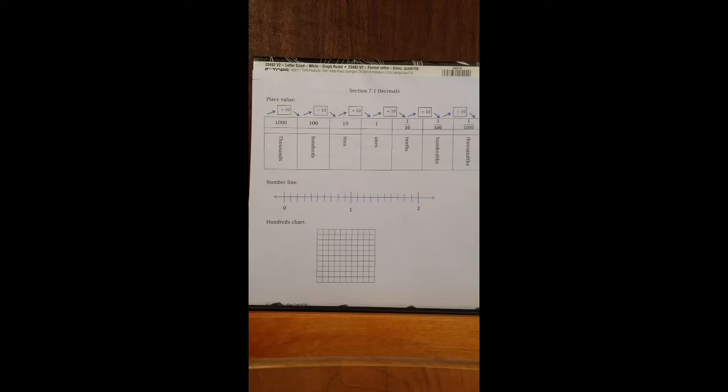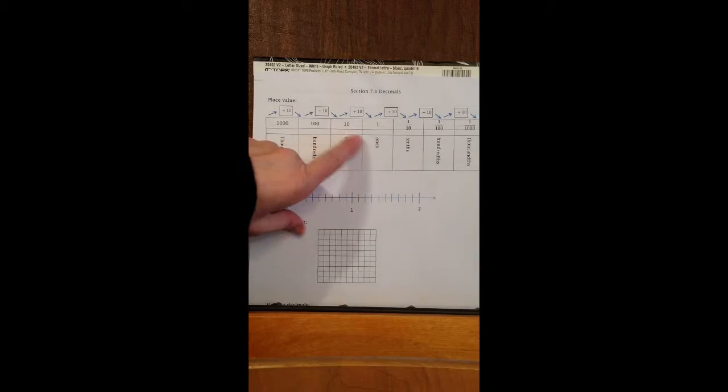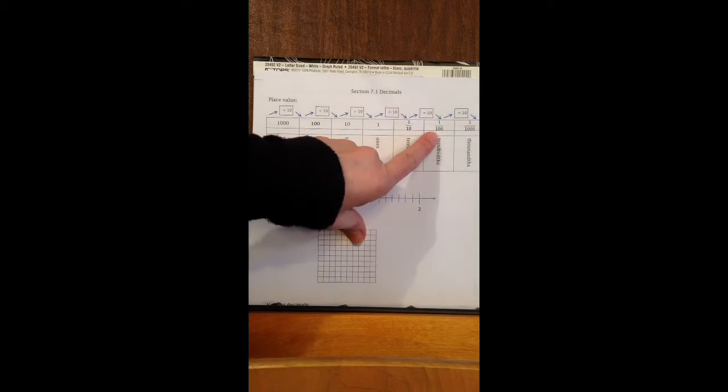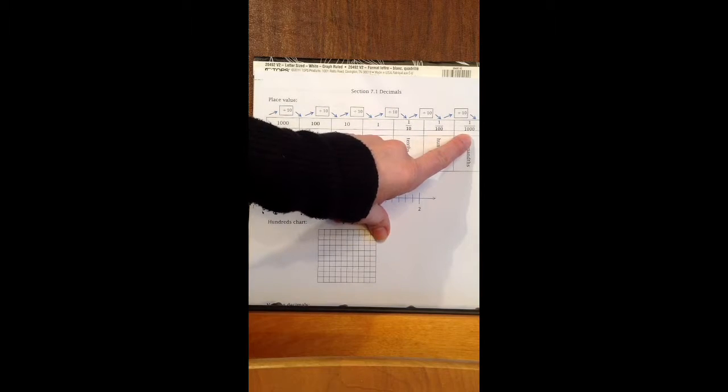Now we're switching from fractions to decimals in Chapter 7, and so we've got some terminology to look at. First, we know the idea of place value from previous classes, but we're going to take our place value from thousands to hundreds to tens to ones that we dealt with in bases, and now we're going to go beyond that to tenths, hundredths, and thousandths.